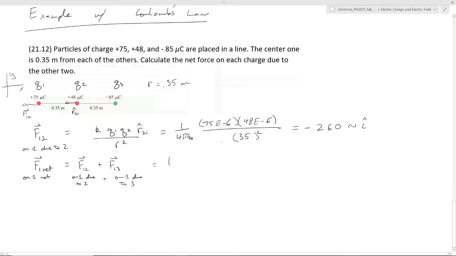Well, this piece is the same as above, plus the additional piece. Now, notice this one: while force 1, 2 was in the negative i hat direction, since these charges are opposite, this is actually going to be positive.